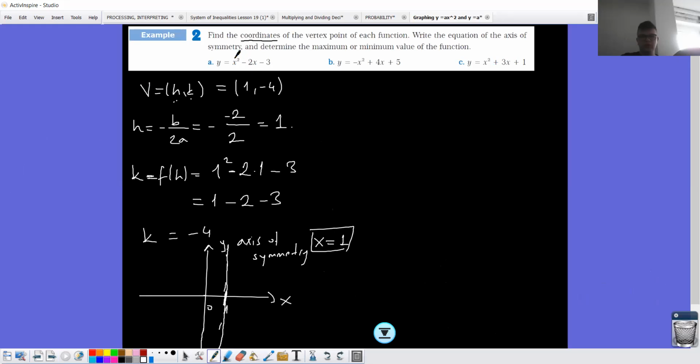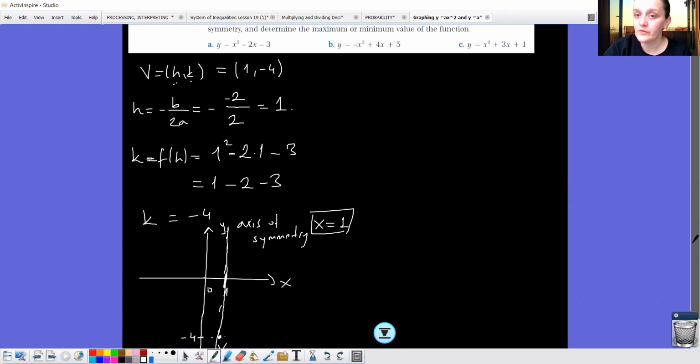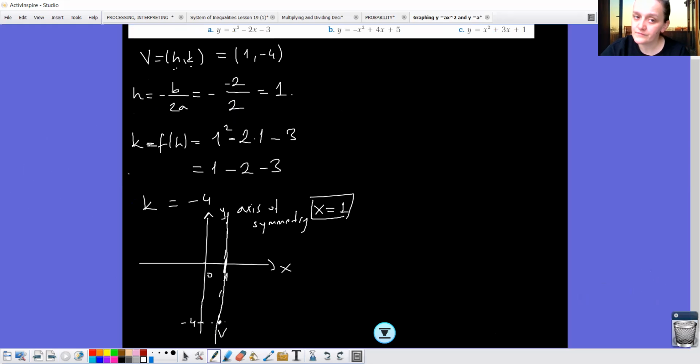So this will be upwards, and the vertex point will be the minimum value. So the point is here, the minimum value. And what will be the minimum value? Minus 4, okay?